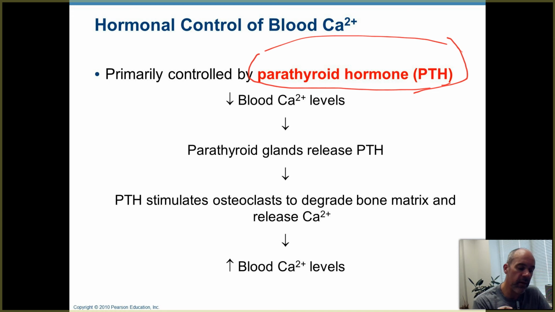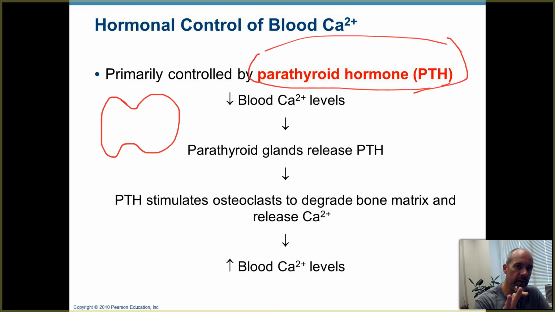So the parathyroid glands, where are those located? If you remember, your thyroid gland kind of looks like a butterfly, and it's sitting here on the anterior side of the neck, just anterior to the trachea.